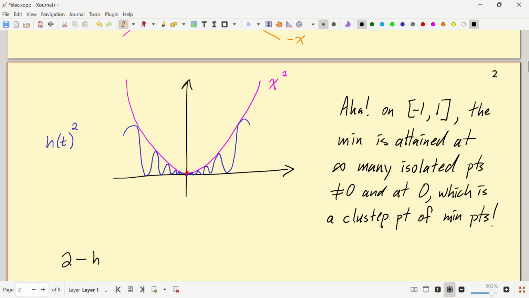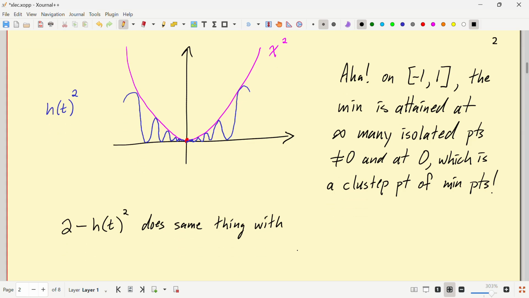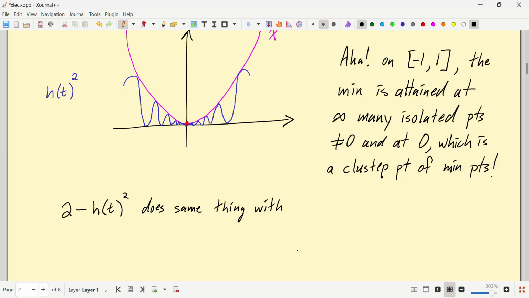And 2 minus h of t squared does the same thing with maxes. If I really want to get wild and crazy, I would think of something that does both. I don't want to get that wild and crazy, though. Questions about that?